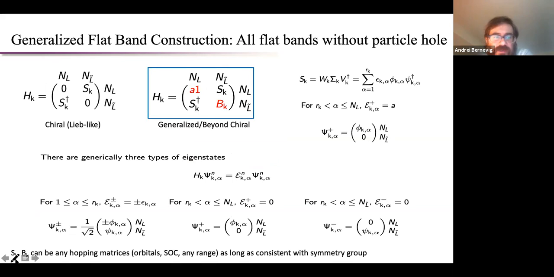If I start messing with A of k in this simpler case, I'll deflatten the bands, and their bandwidth will be proportional to how much I mess up the flatness of A of k. So basically, I cannot have a lot of hopping in the L sublattice, but I can have a lot of hopping in the L tilde sublattice. In fact, any type of hopping.